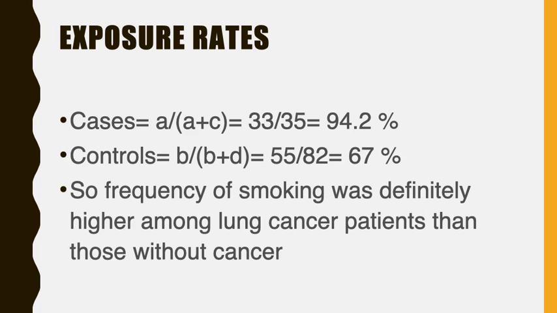If you remember, there were 82 cases of people without lung cancer. 55 of them were people who smoked, and so we can see there's 67%. So we can see that higher frequency of smoking is definitely a predictor of lung cancer, that a higher percentage of those who smoked developed lung cancer than those who did not smoke.